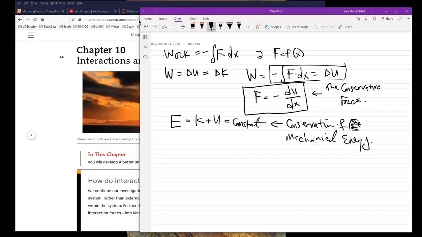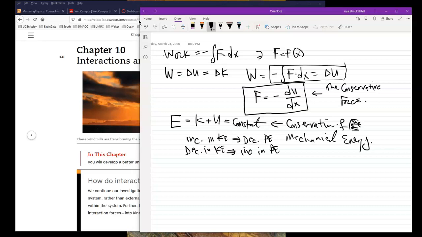So any increase in kinetic energy implies a decrease in potential energy. You see what I'm saying? Any decrease in kinetic energy implies an increase in potential energy.